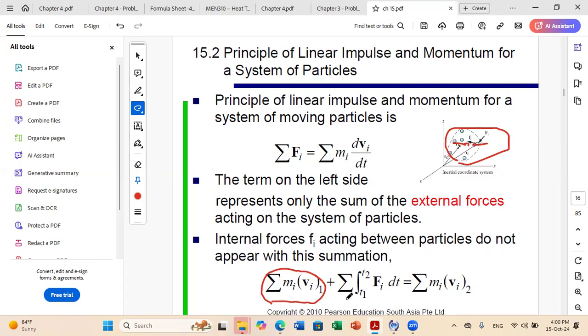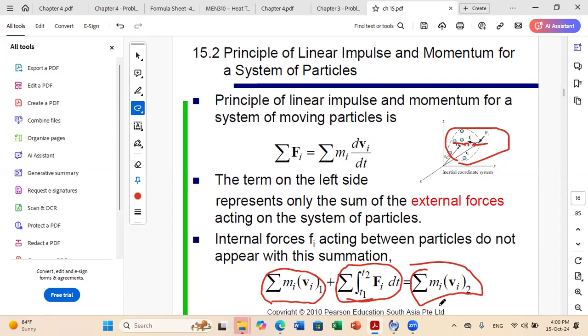So you end up only with external forces, plus the summation of linear impulses of external forces from T1 to T2, equals the final linear momentum. Since you have several particles here, you need to sum their linear momentums. So in case you are dealing with a system of particles, you can apply the principle on the system.